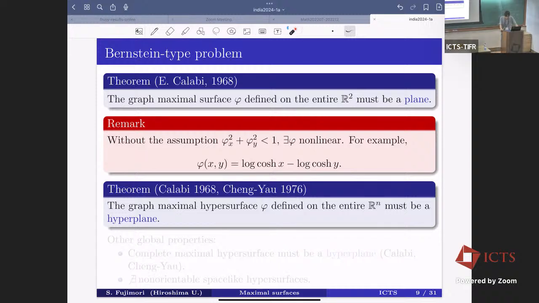So the minimal surface situation changed, but in the maximal surface case, for any n, a graph of a maximal hypersurface defined on entire Rn is a hyperplane. So this is also very different.